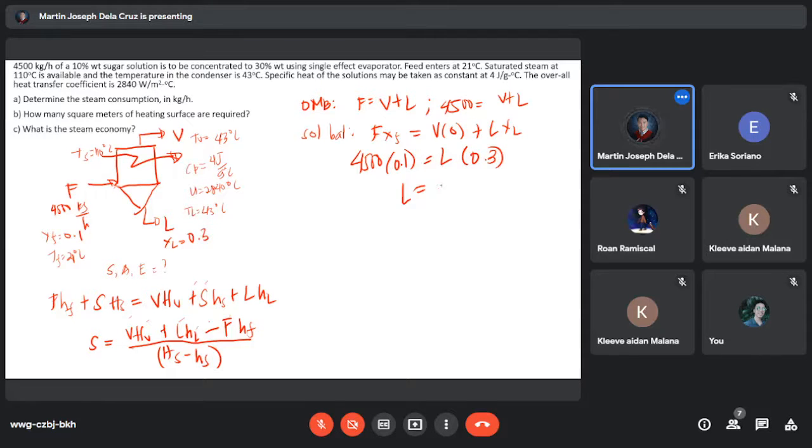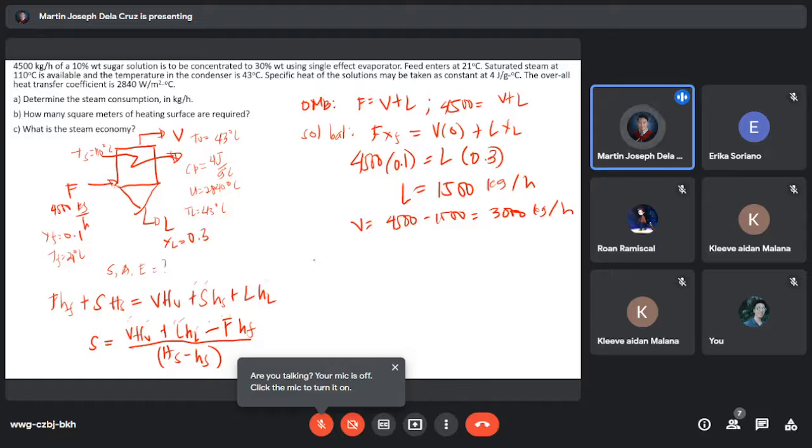L is 1,500 kilogram per hour. So V now is equal to 4,500 minus 1,500 is equal to 3,000 kilogram per hour. Right? So, meron na tayong V, L, and F.